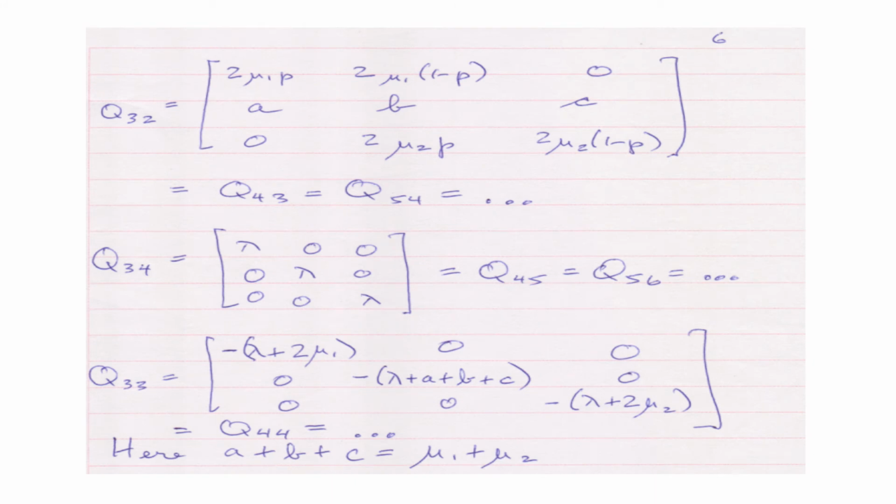As indicated, Q32 is going to be a 3 by 3 matrix. It has a particular pattern. You can get the entries of Q32 by looking at the state transition diagram. Note that this represents a decrease. We're going from a system with 3 customers to a system with 2 customers.